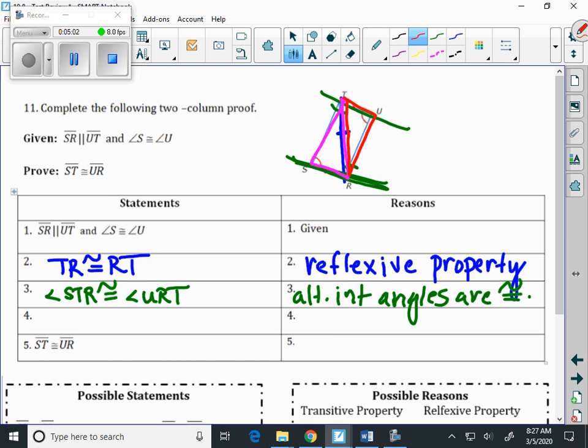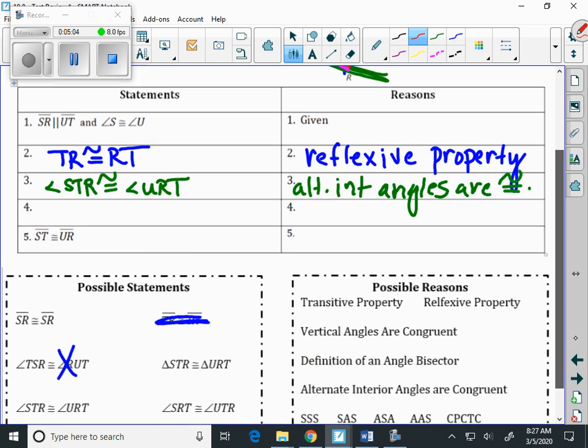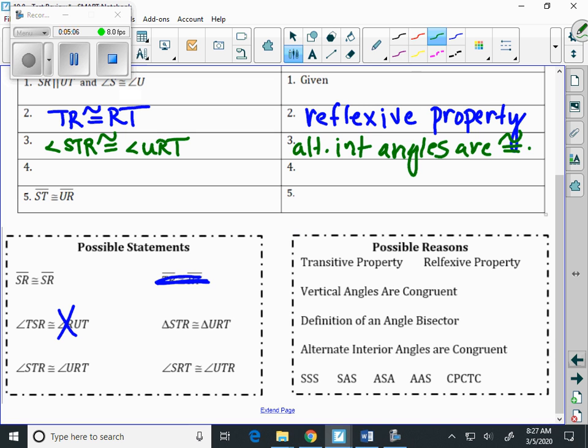So looking down below, because we've already used the other statements, there's only one triangle statement down there. So that's going to be our next step, which is triangle STR is congruent to triangle URT.